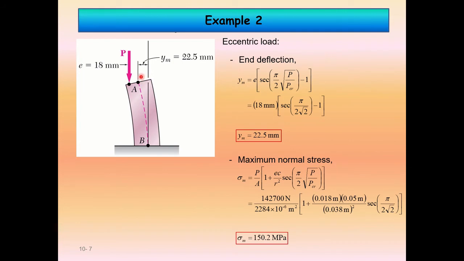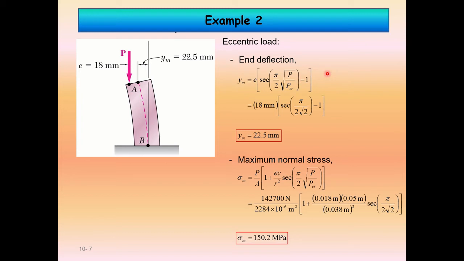So the load applied with eccentricity given by e equal to 18 mm. So the maximum deflection, Y maximum equal to e eccentric bracket secant pi over 2 times square root P over P critical minus 1.